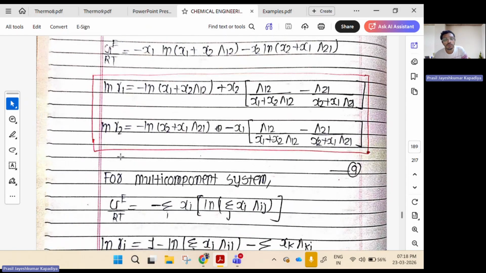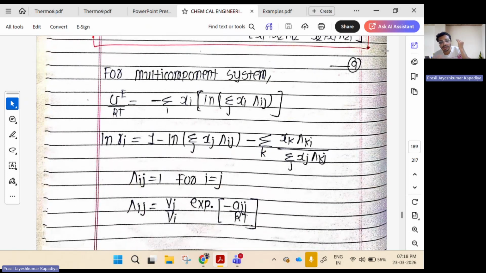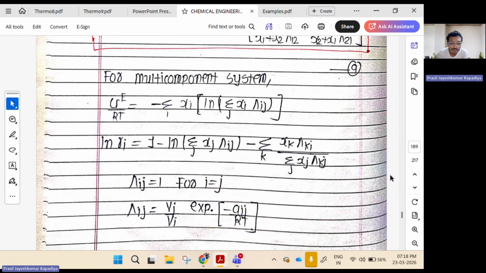Now if I want to write this equation for a multi-component system, it will be just one more term, x3 lambda 13, added here. Here also one more term will be added, and here minus x3 and some more terms. So you can understand how complex it will be when we go from binary to multi-component systems. So this is the general form.